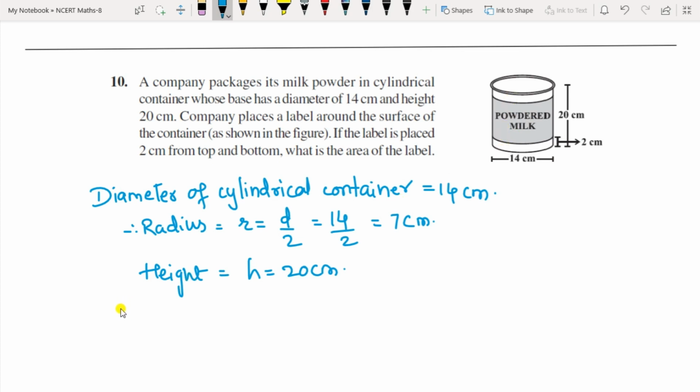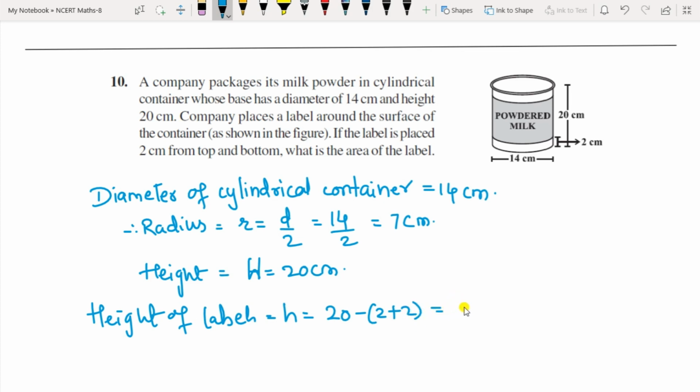So the height of the label will become, suppose you take the height of the container as capital H and this as small h. So 20 minus 2 plus 2. You have to leave 2 and 2 cm from top and bottom. So it will be 16 cm.